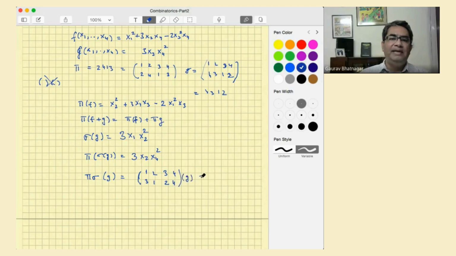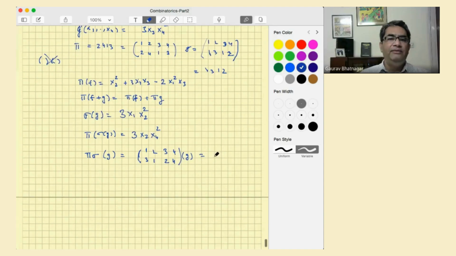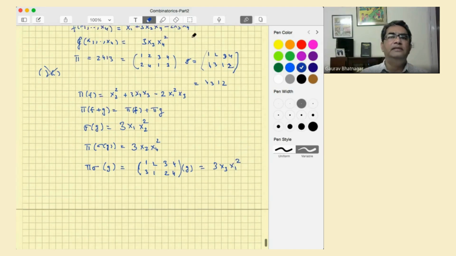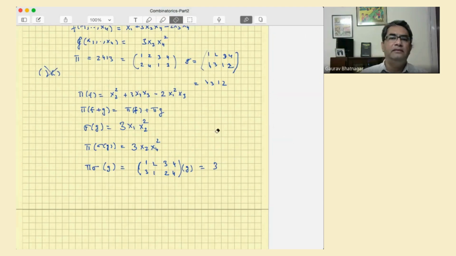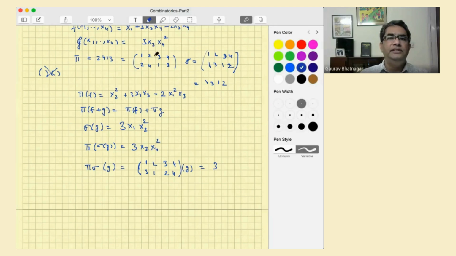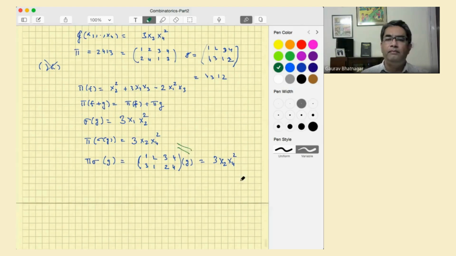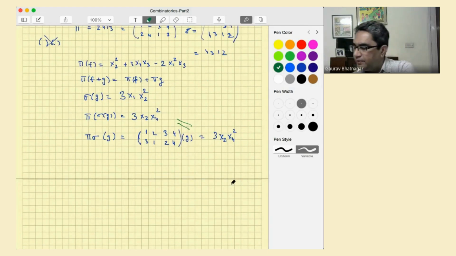If I apply pi sigma on g, then I will get, no wait, g is something else. g is here. So x3 goes to 2 and x4 goes to x4. The point being that these two are the same.